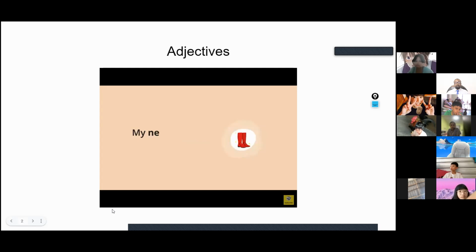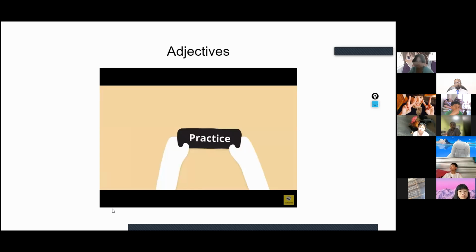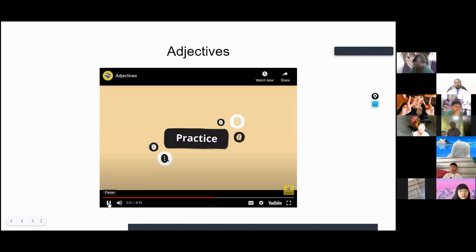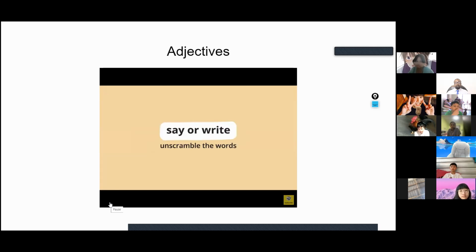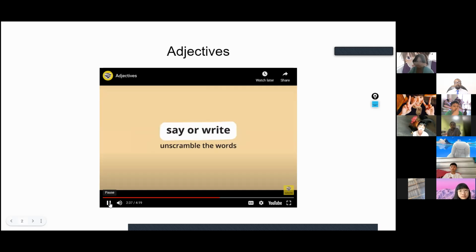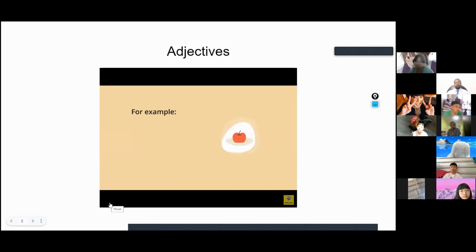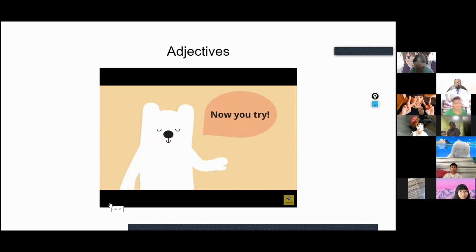My new boots are tall and red. Look at the picture and unscramble the words to make a sentence. Say or write the sentence. For example, the apple is red. Now you try.